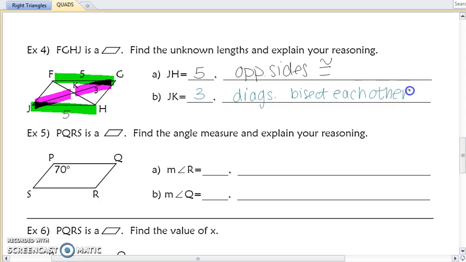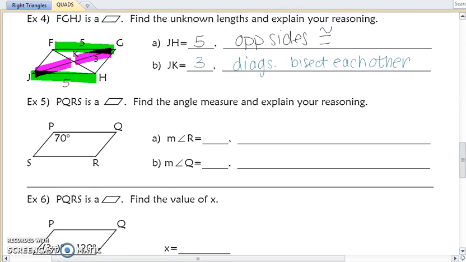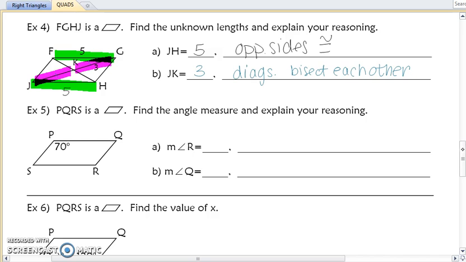Okay. For example 5, we're talking about a parallelogram. In this parallelogram, we're given that angle P is 70 degrees. I know that the angle opposite P also has to have that same measure, so I'm just going to mark it with a tick mark.